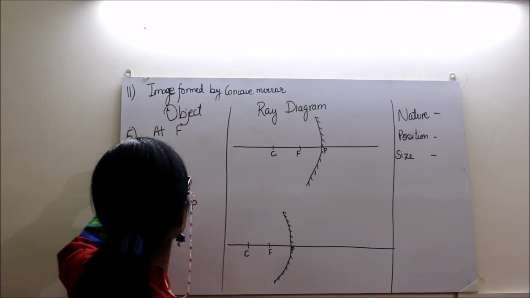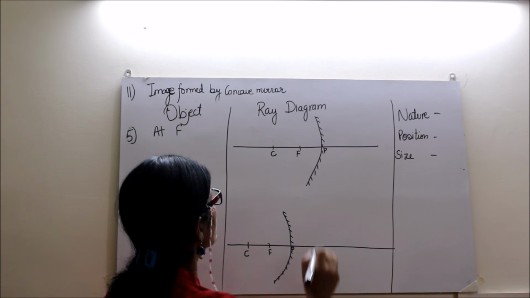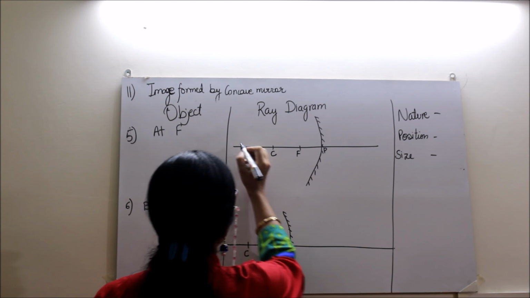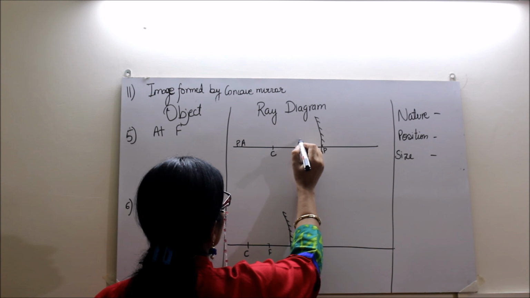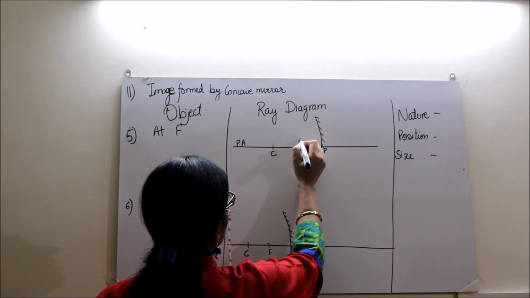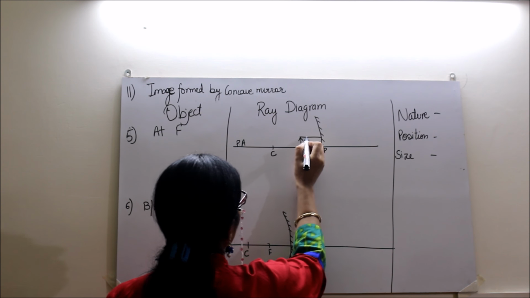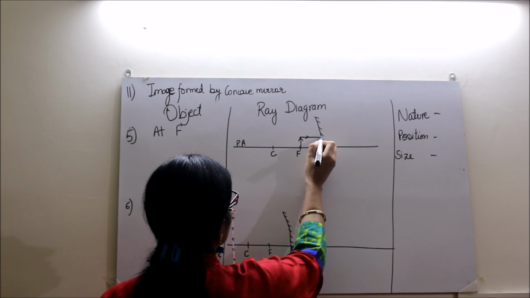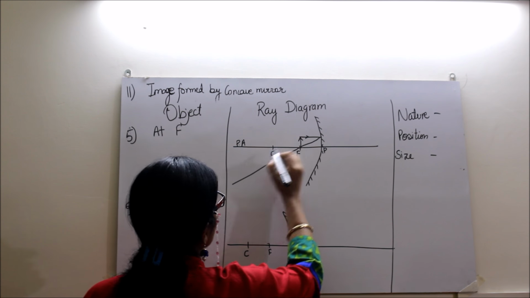For the fifth ray diagram, let us place an object at focus. See, this is your concave mirror and this is your principal axis. On the focus, let us take our object. Any ray parallel to the principal axis after reflection will pass through focus.